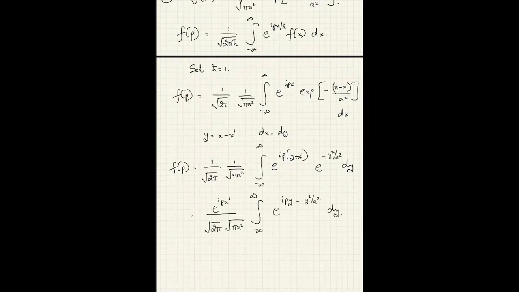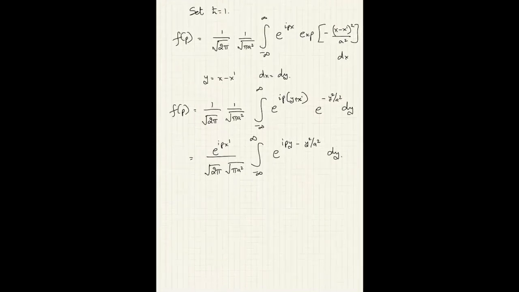Okay, now I have to integrate this guy. Now to integrate this guy, notice that I can write this quantity, minus y square over a square plus ipy, that appears in the integrand as a complete square. I just have to complete the square.